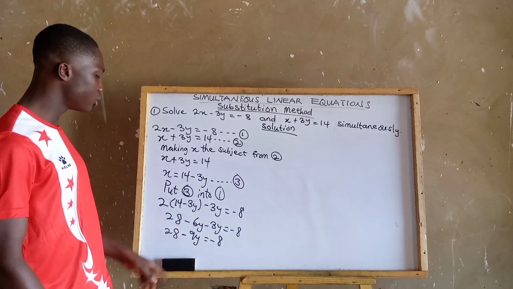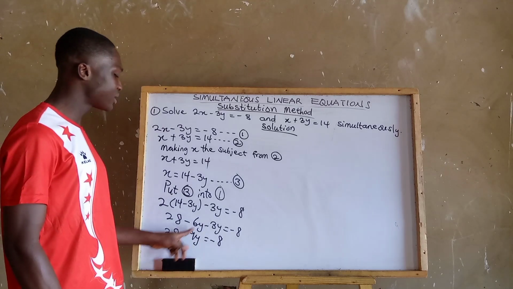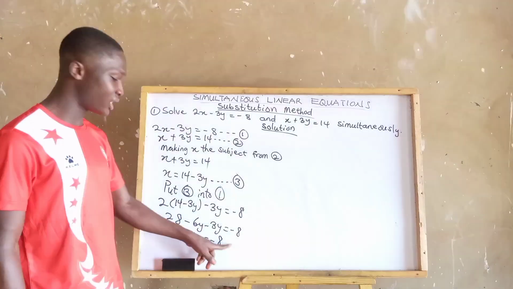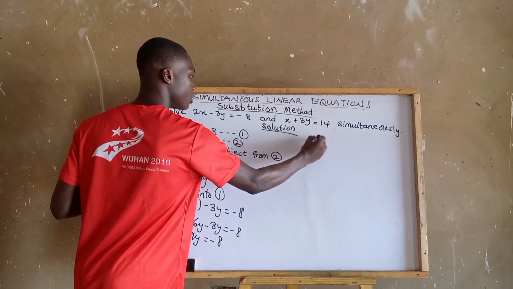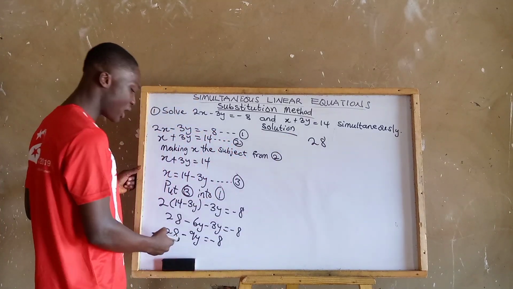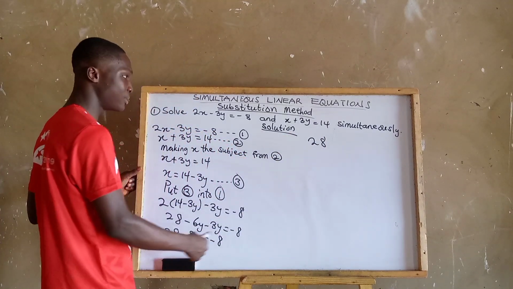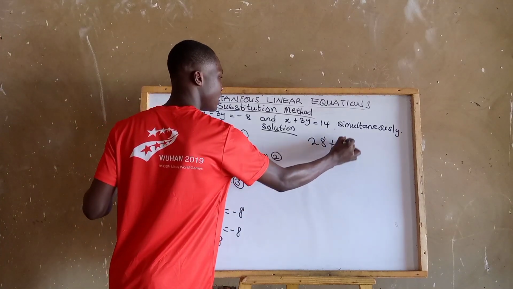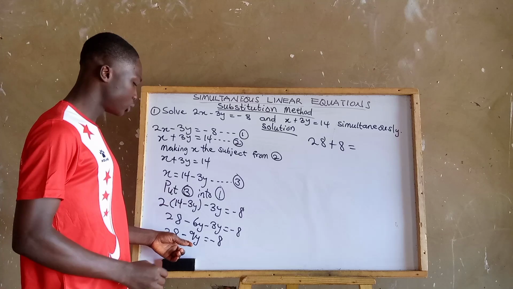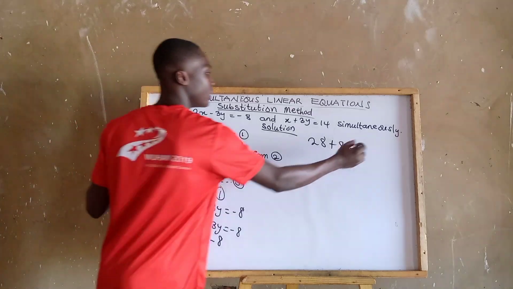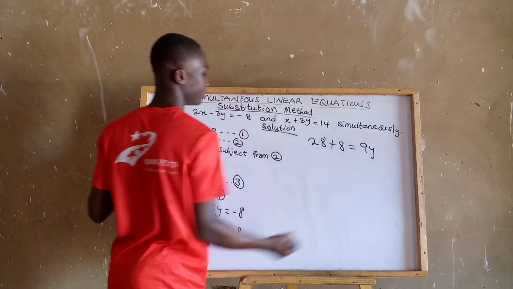Let's transpose negative 9y to the right hand side and then transpose negative 8 to the left hand side. So we have 28. When you transpose negative 8 to the left hand side, it becomes positive 8. It's equal to, let's transpose negative 9y to the right hand side to become 9y.